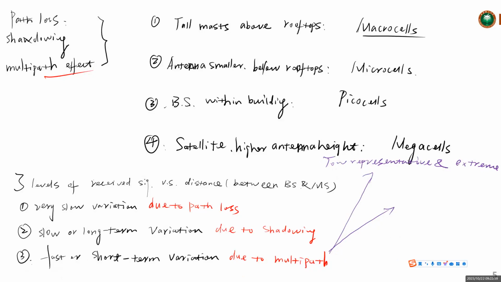The first type is called line of sight, which we can abbreviate as LOS, and the second scenario is non-line of sight.